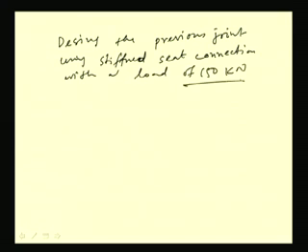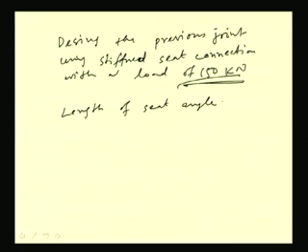When we go for stiffened seat connection, basically the load is high. So, in place of 100, let us make it 150 kN, and let us see how we are going to design the things. First, the length of the seat angle can be calculated as in the earlier case, which is equal to the width of the flange, 140 mm, as the same size of beam and column has been used.